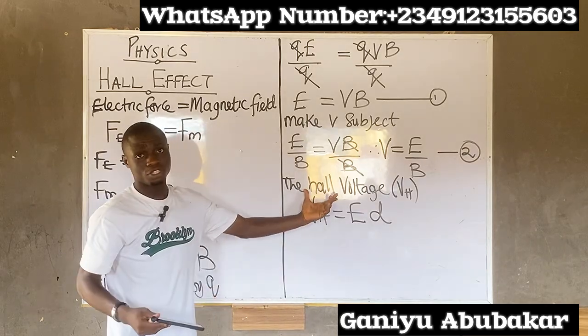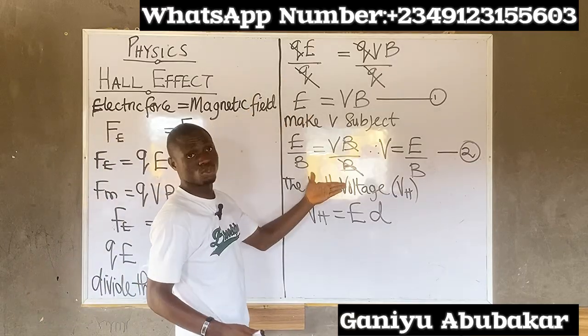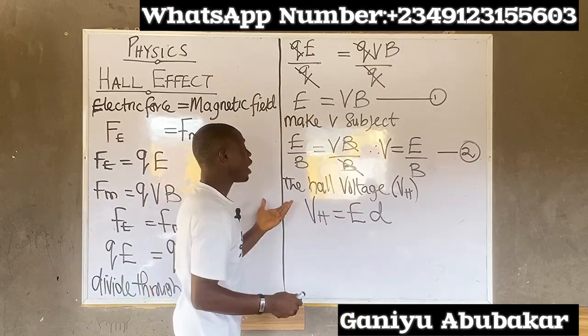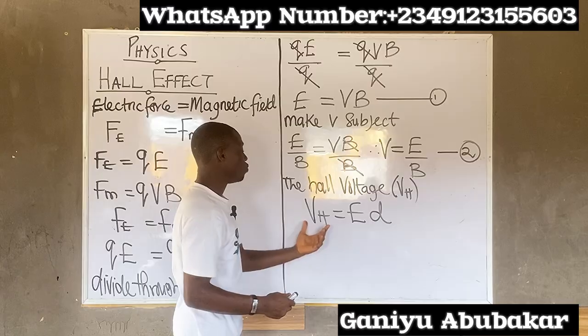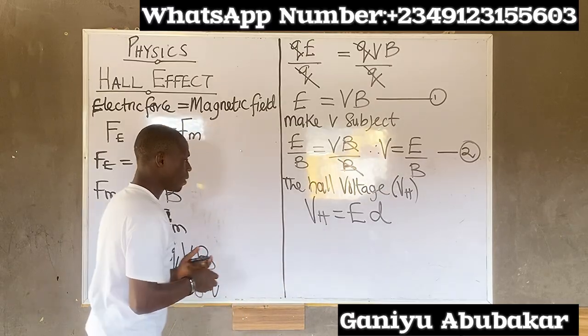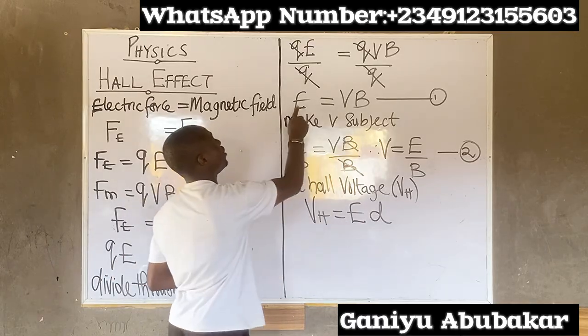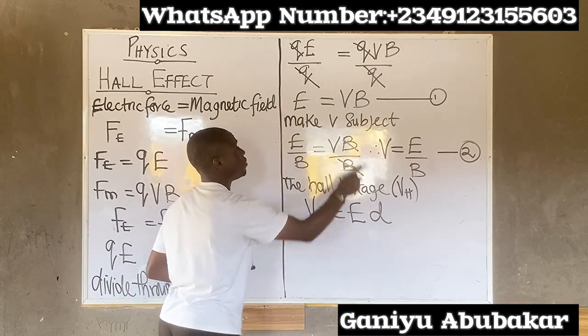VH is just for representing the Hall voltage. This is the formula for Hall voltage. After passing this process and getting equation 1 and equation 2, the next task is to recall your Hall voltage formula. VH equals Ed. At this junction, I can see E and d, and this E has the value VB.